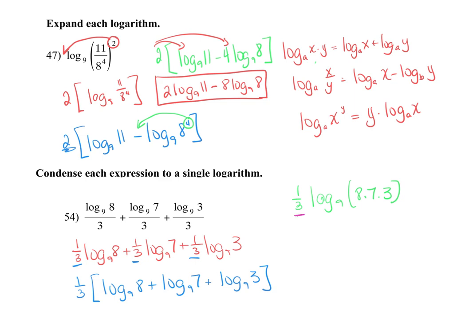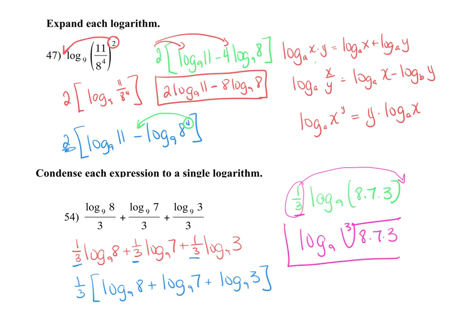Remember that this fraction is actually going to become the exponent on all of those. Fractional exponent is just a radical. So log base 9, and that is a root with 3 as the index of 8 times 7 times 3. And you can leave it like that. I think your answer key has 168, but I'll take either one of those.